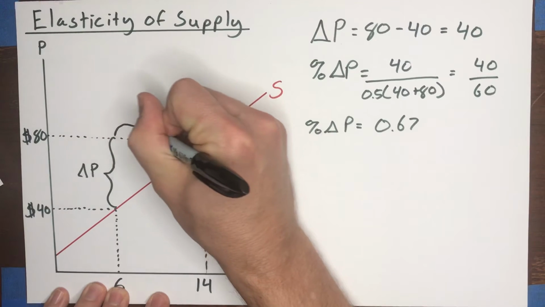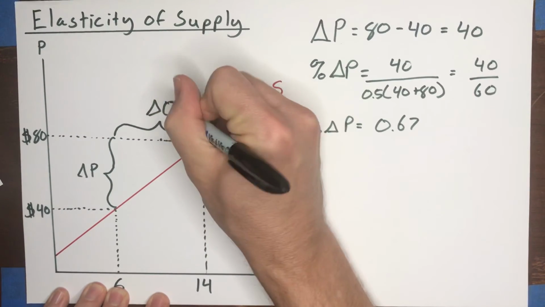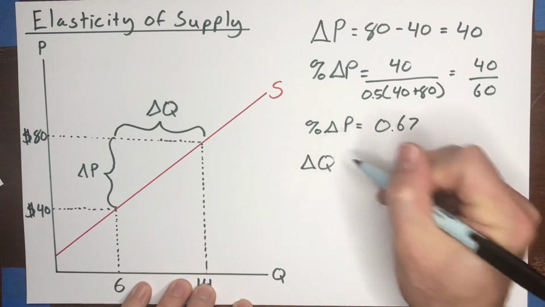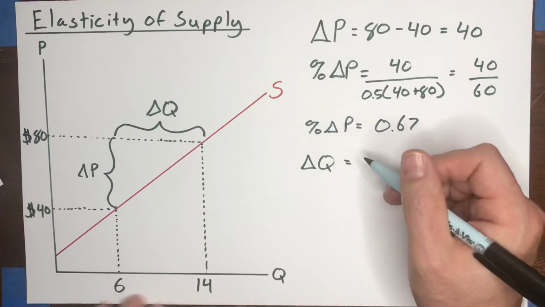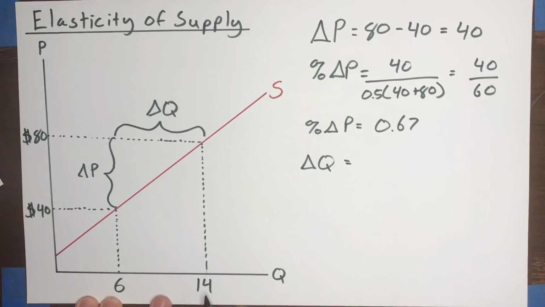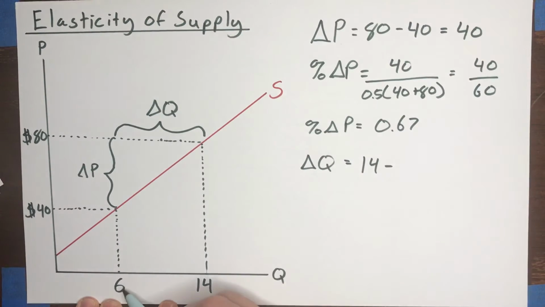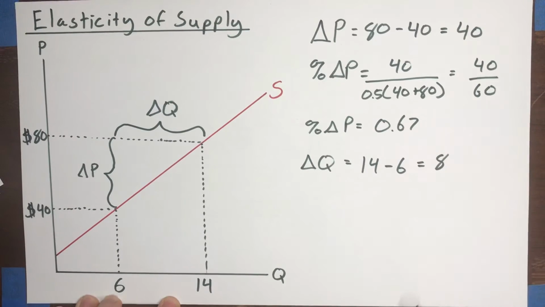Change in quantity is given by this distance right here. So the change in quantity supplied is equal to the new quantity supplied of 14 minus the old quantity supplied of 6, which is equal to 8.